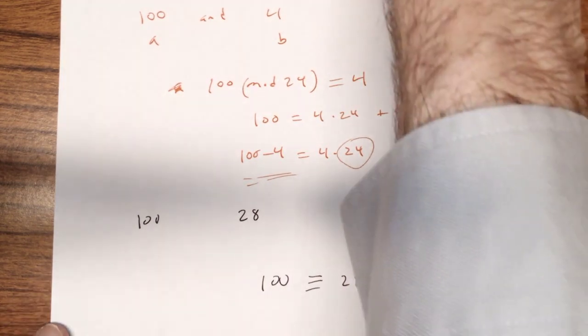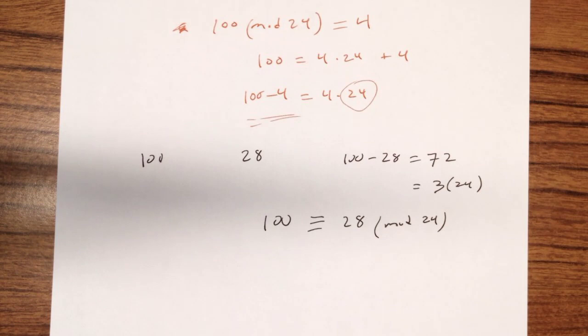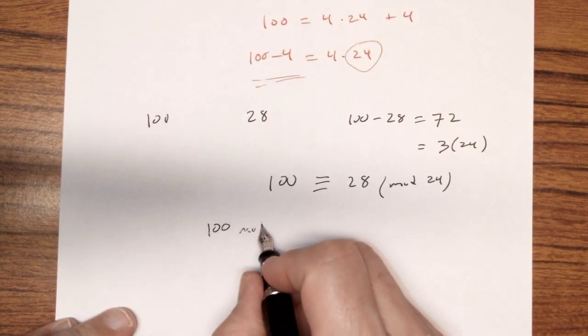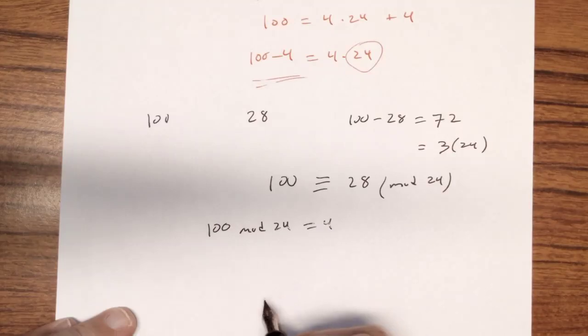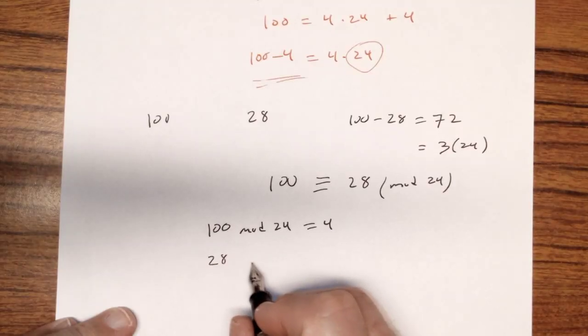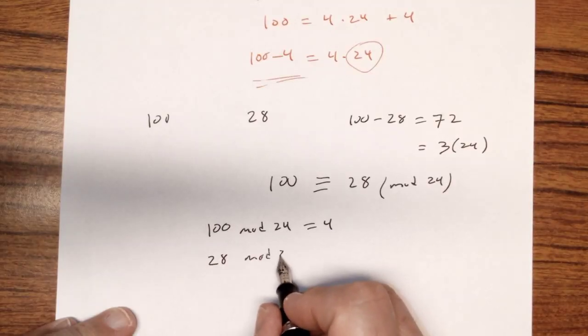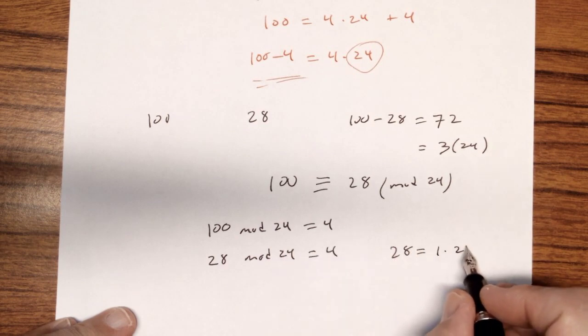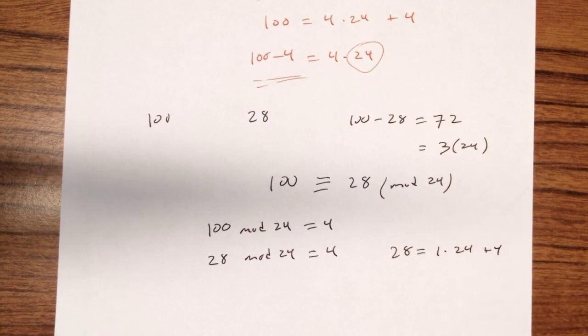But if you're really looking at 24, both of those numbers are bigger than 24. It makes more sense to look at their remainders. 100 mod 24 we said was 4, and 28 is also 4 because 28 is 1 times 24 with 4 left over.